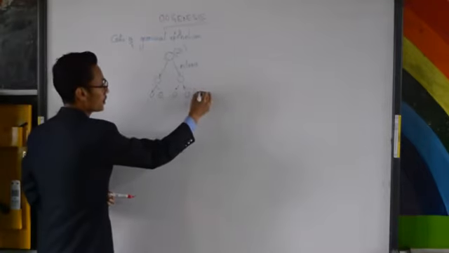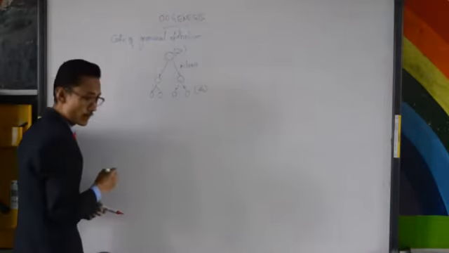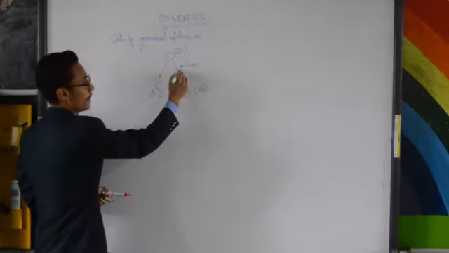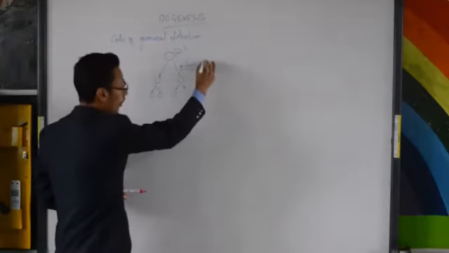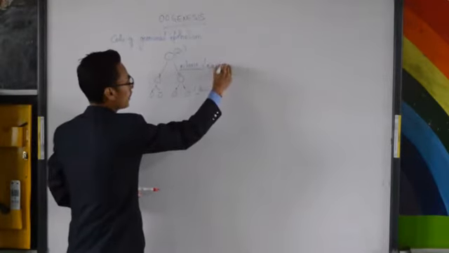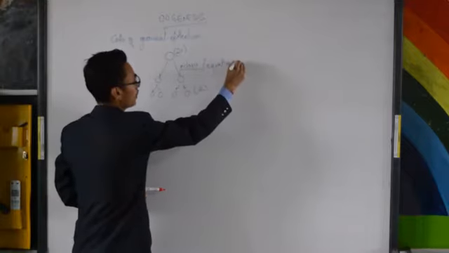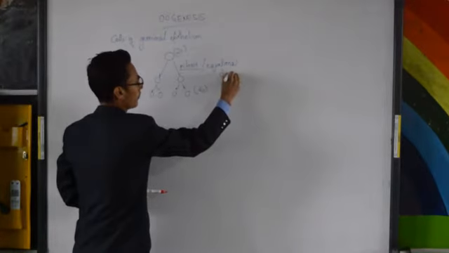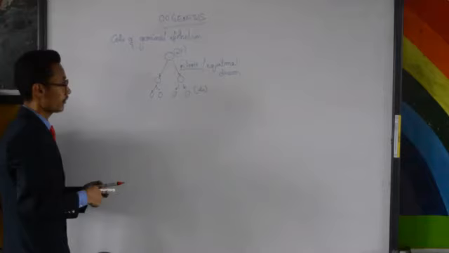So it will be 2n. Why? Because it has undergone mitosis cell division, or we will also call it equational division.